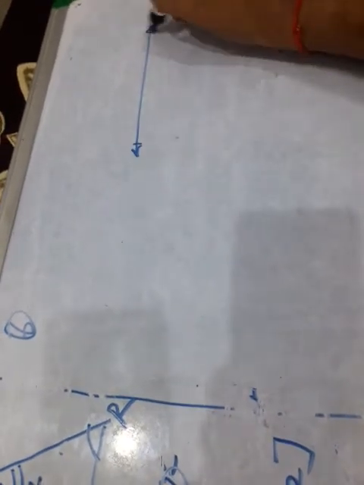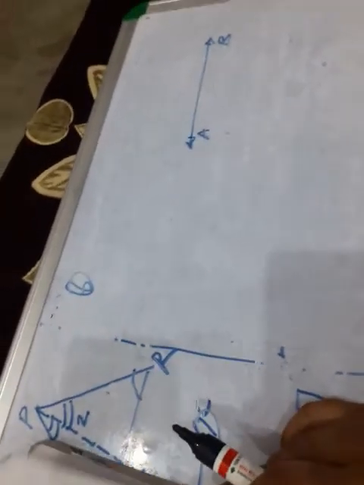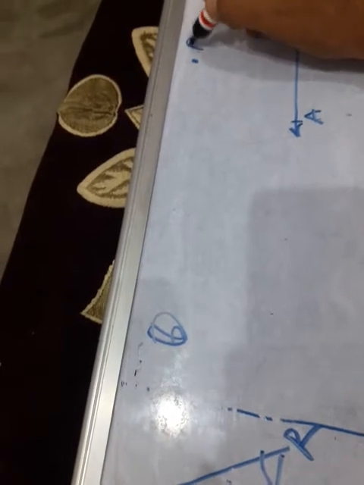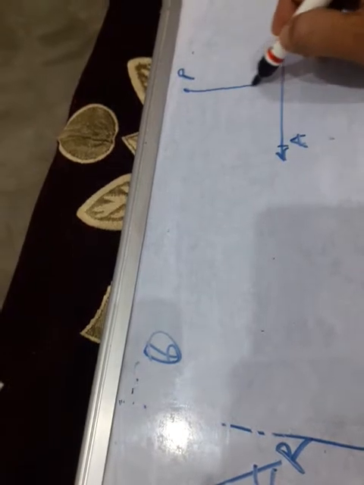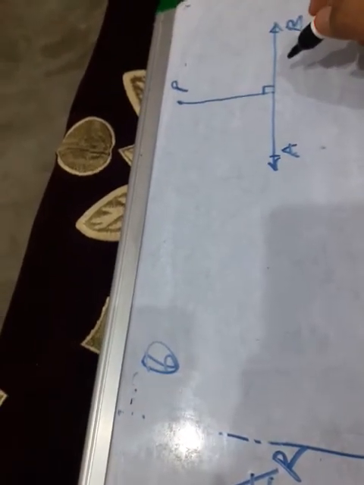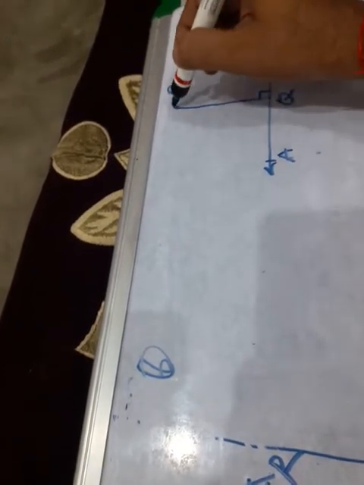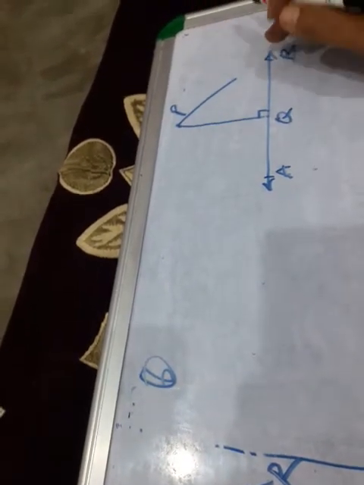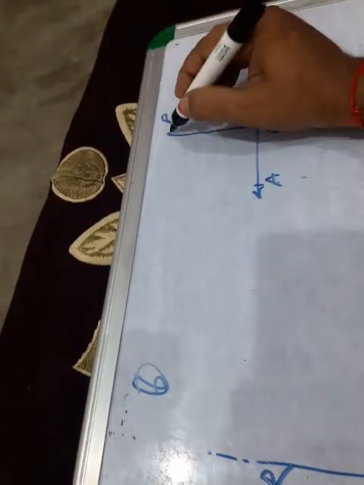Draw the figure. The figure is like this. A line is there, let it be AB. Let us take a point P, not on the line. Draw a perpendicular line on AB, and let it be PQ.